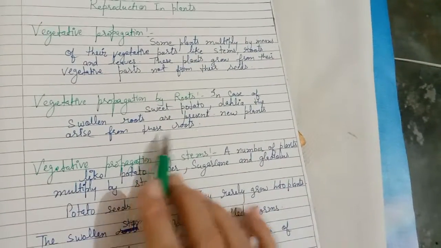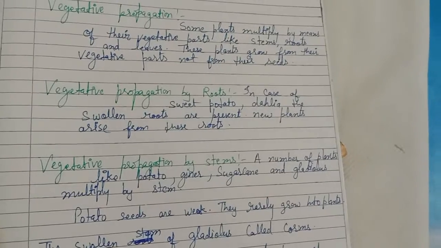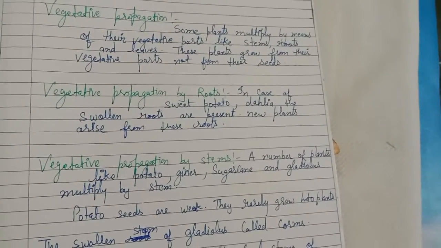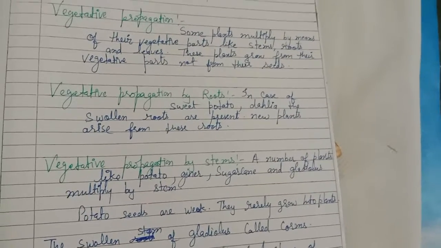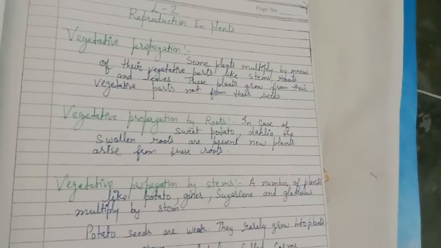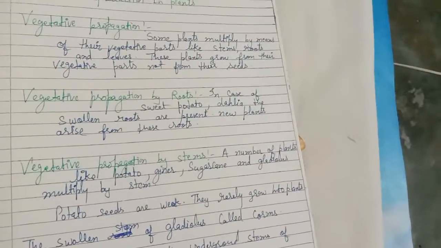New plants arise from these swollen roots. So we take these swollen roots and sow them, and then a new plant grows from them. This type of reproduction is called the vegetative mode of reproduction.